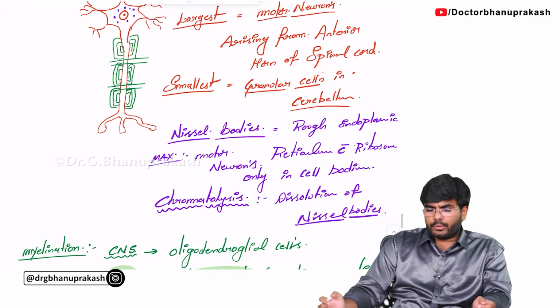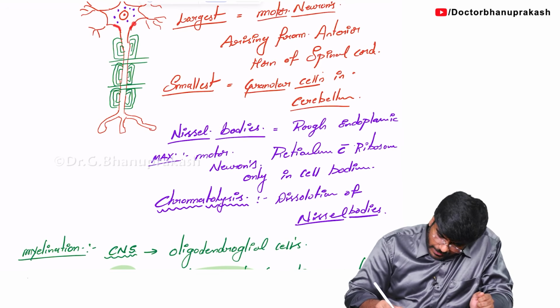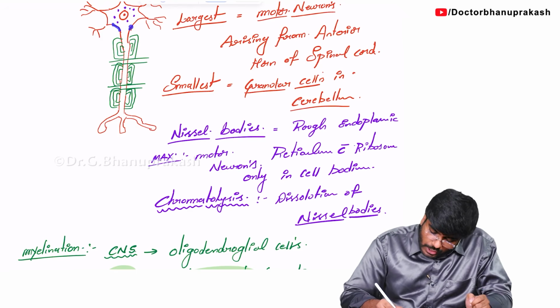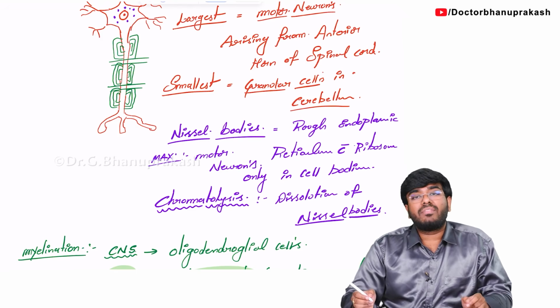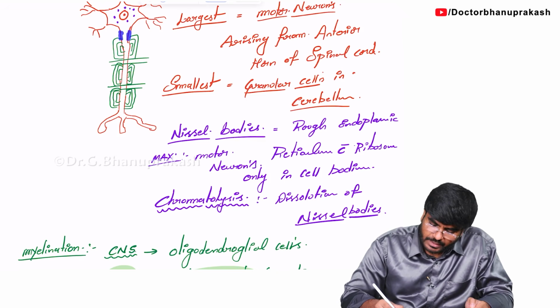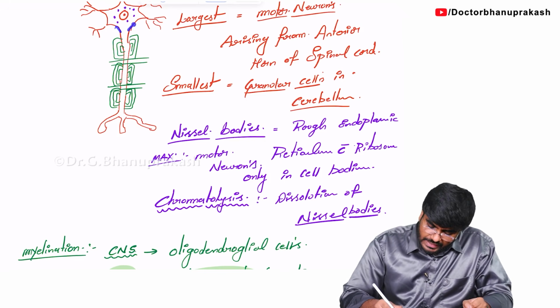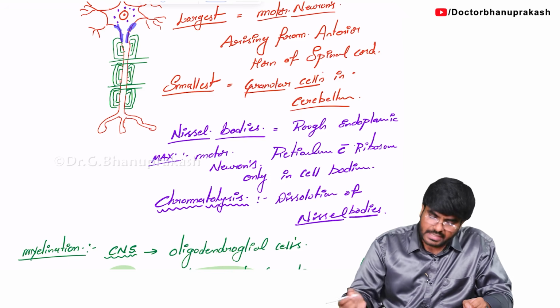Now, let me add a few more important areas. The area which I am highlighting here, let us say, is called the axon hillock. Always remember, axon hillock is a part of the cell body, it is not a part of the axon. Now, down to the axon hillock, this area which I am highlighting is called the initial segment, which is a part of the axon, the first part of the axon. So, there is a difference. First, this area is called the axon hillock, and down to it there is the initial segment.